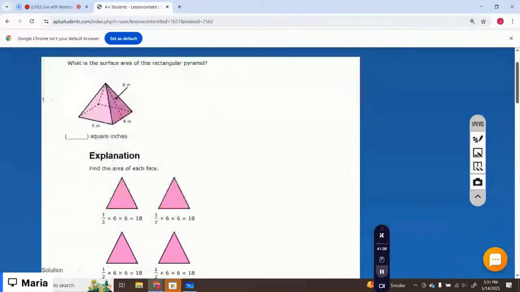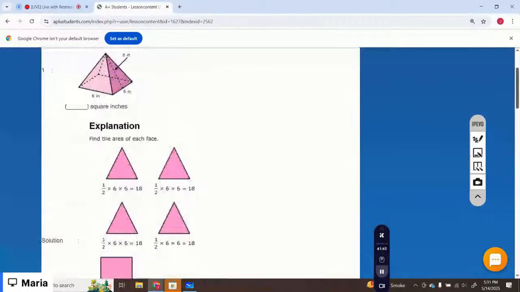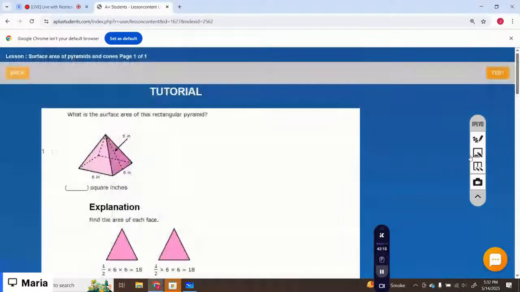A rectangular pyramid has triangular faces, right? Four triangular faces and a base. So just calculate the area of the four triangles and the area of the base and add them. Let's just start with the test questions.